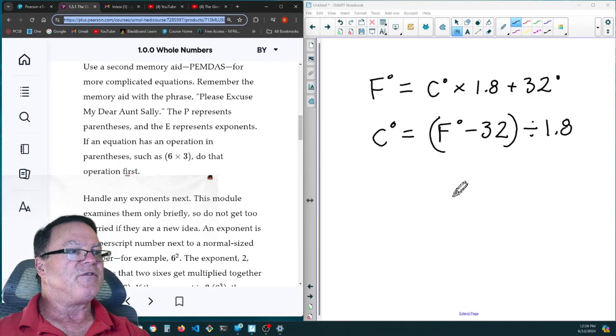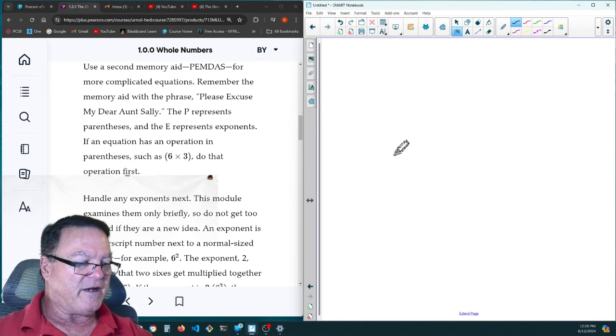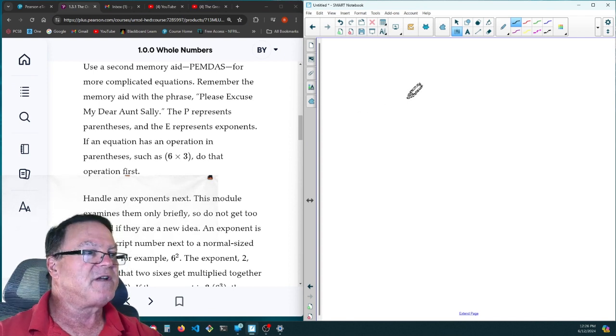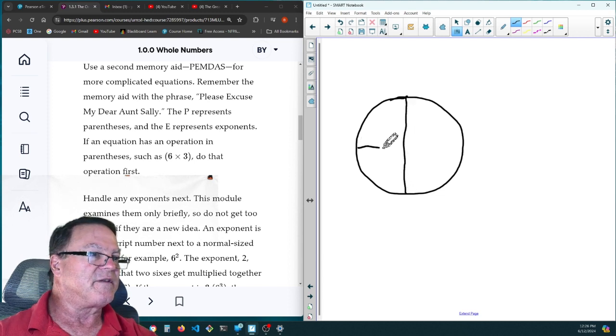If I were to give you an example of that, and it goes back to basics, let's say we have a pizza pie. If we cut this pizza into 4 equal pieces, I know that doesn't look equal, but let's just pretend that's equal.